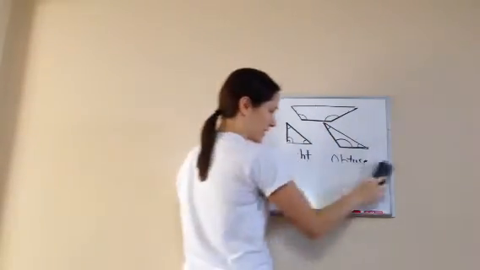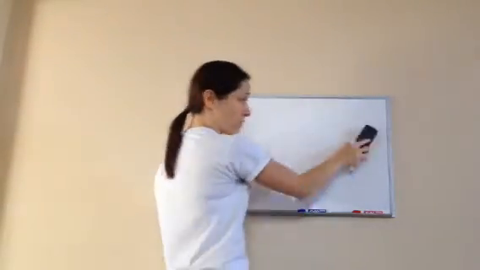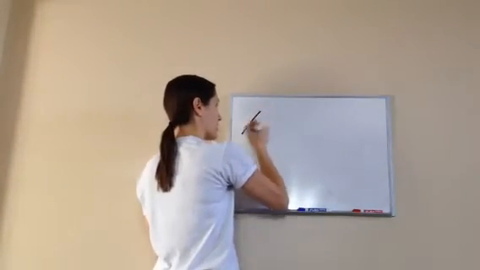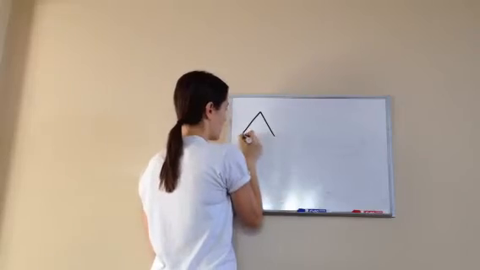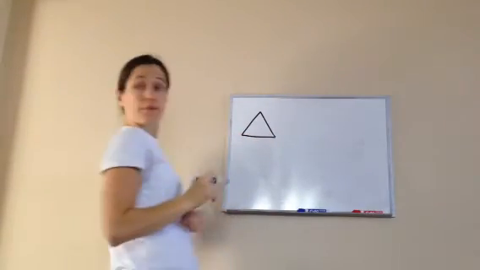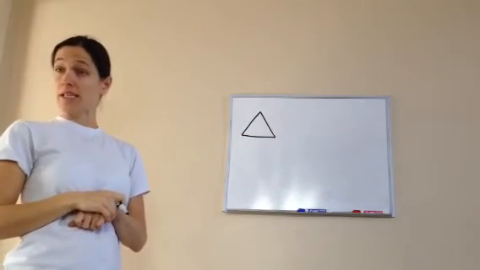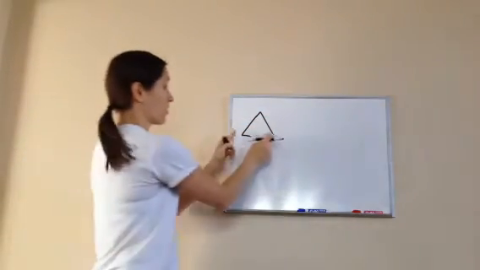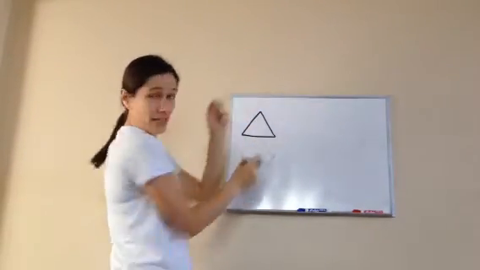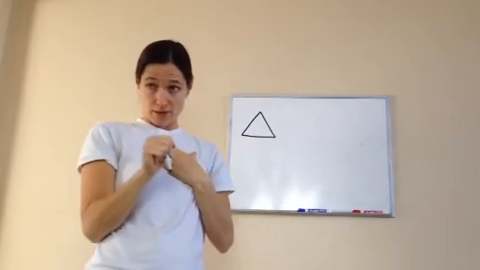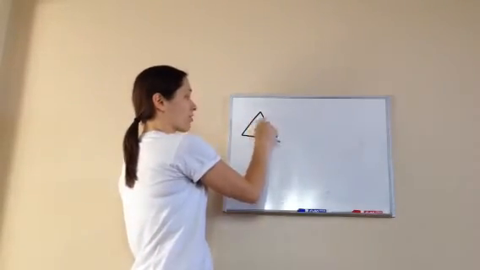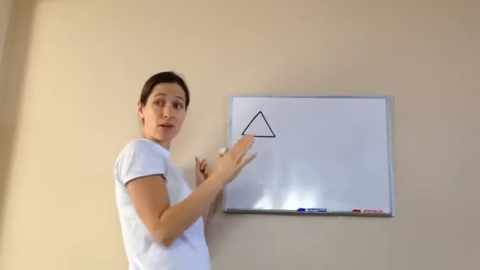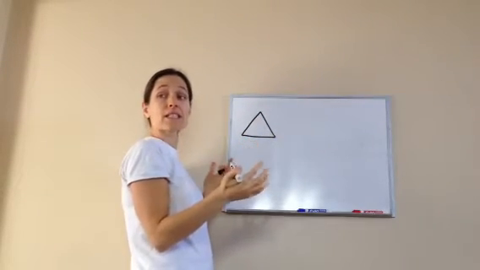So I'm going to erase this, and we're going to learn about 3 more triangles. Okay, and I'm going to do my best to draw this. That is all 3 sides are exactly the same length. I did my very best drawing it anyway, okay? And when you see all 3 sides the same length and all 3 angles the same angle amount, it's considered this.